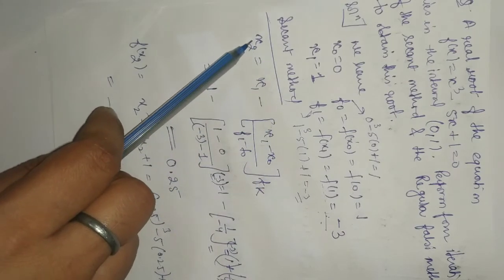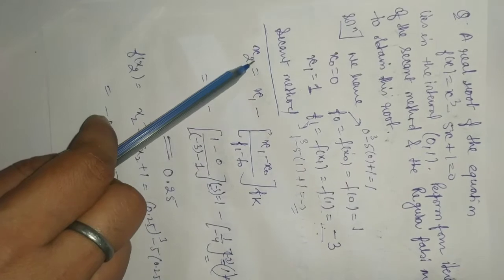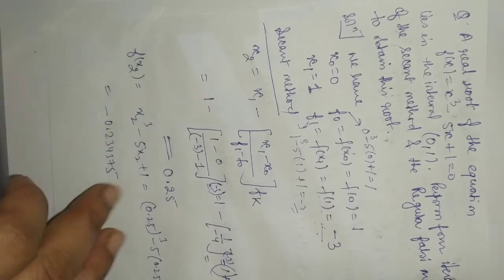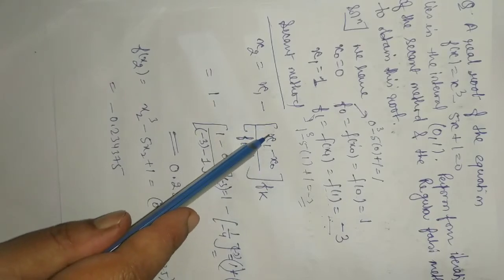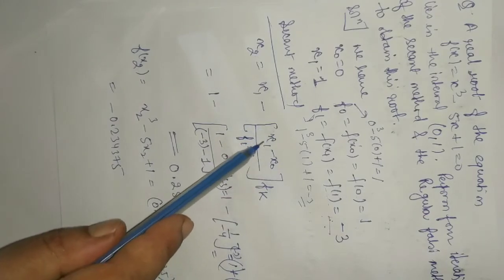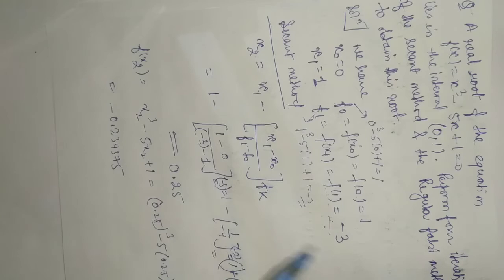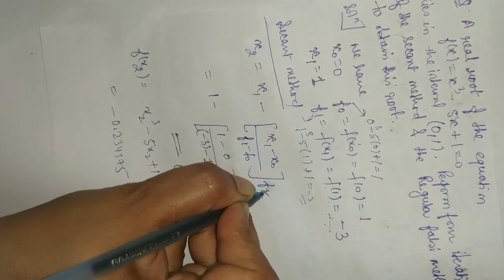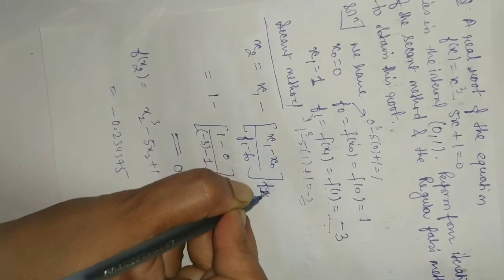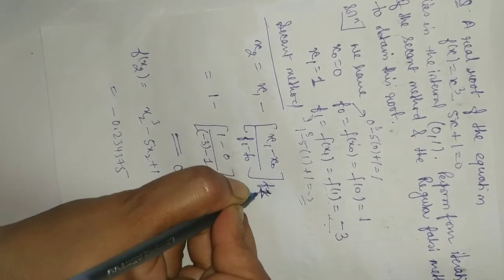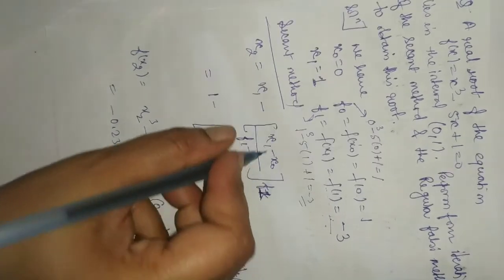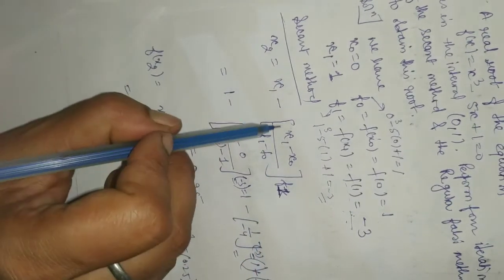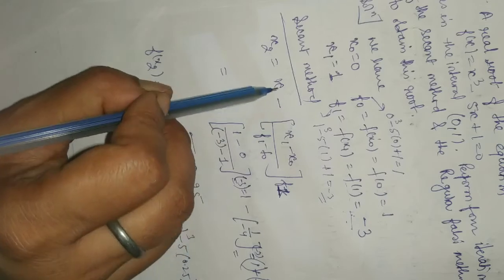If we take k equal to 1, then we get x2. Here we get x1 because we have taken k equal to 1, so x1 minus x0. Just substitute the values at their respective places.